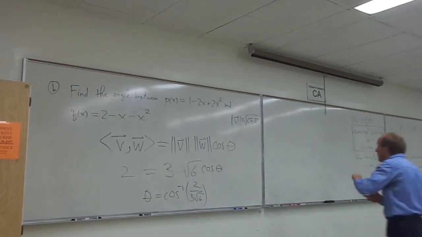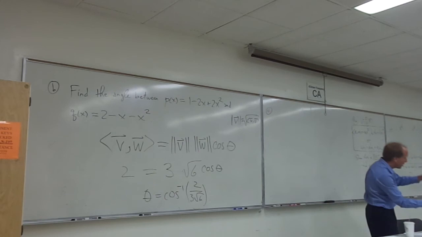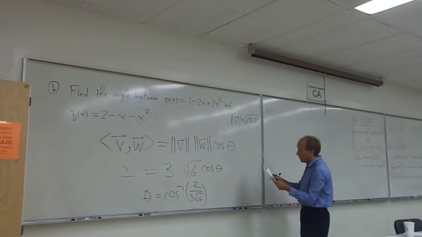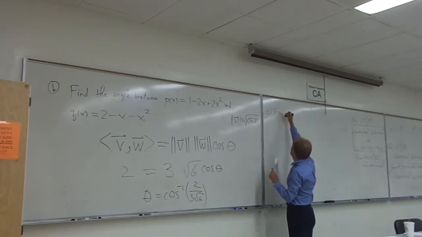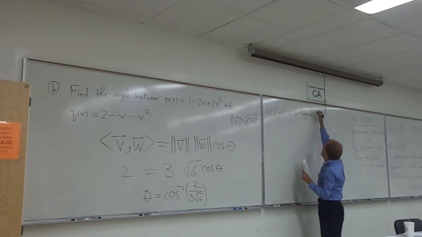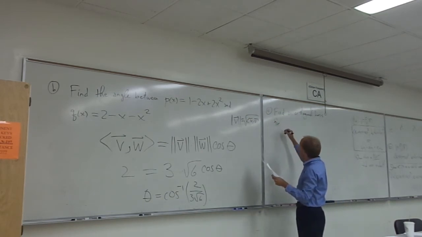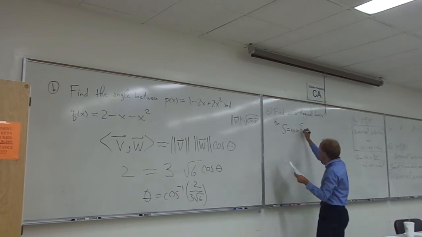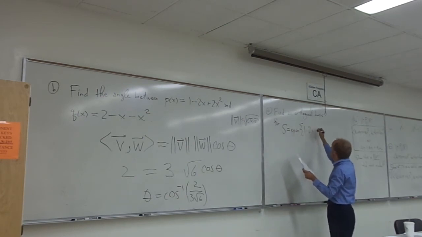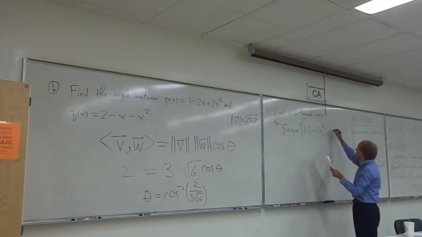So let's follow up here on one last thing on this problem, and then I'm going to be feeling pretty good about this. Find an orthogonal basis for S, which is going to be the span of 1 minus 2x plus 2x squared, comma, 2 minus x squared.